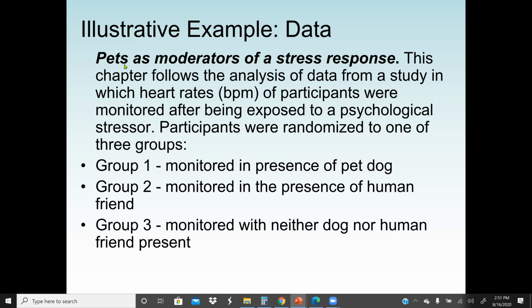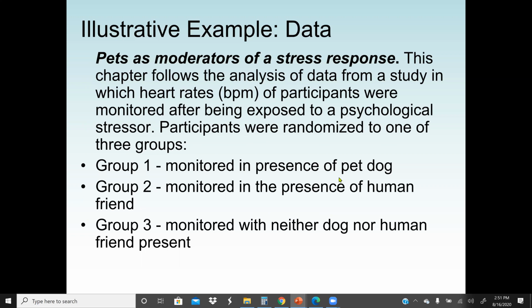Let's start with the question. This chapter follows the analysis of data from a study in which heart rate, in BPM, of participants was monitored after being exposed to a psychological stressor. Participants were randomized to one of three groups. Group one was monitored in the presence of a pet dog.